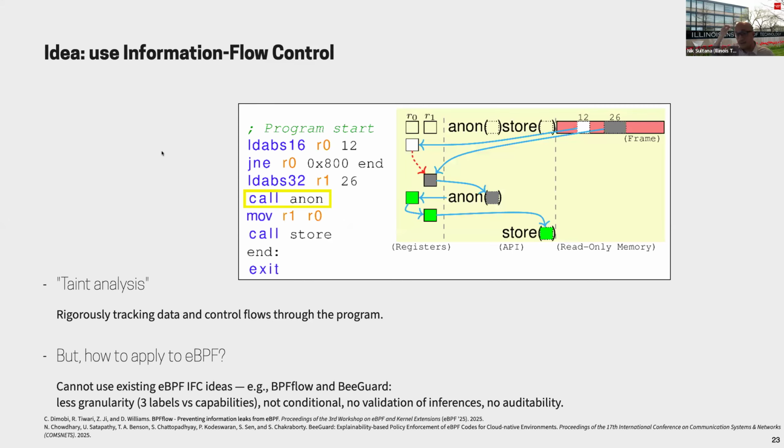So a way we can think about automating this is by using an idea called information flow control, or you also find it as static analysis, where we have a virtual model of the eBPF architecture. And we reason about the explicit and implicit data flows that are taking place as this program executes, abstracting away what data it is executing on, right? What packets it is executing.